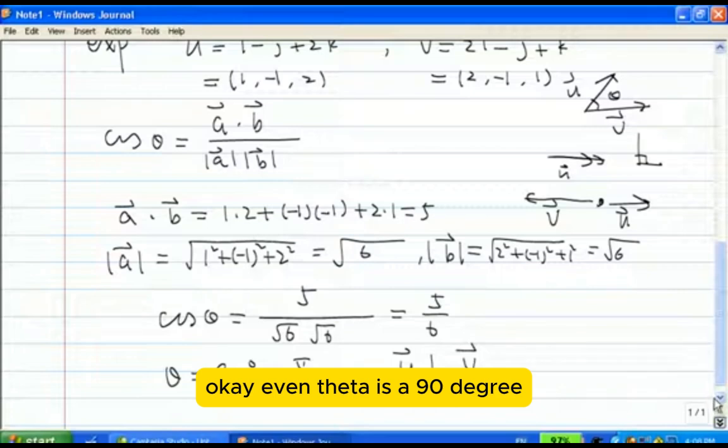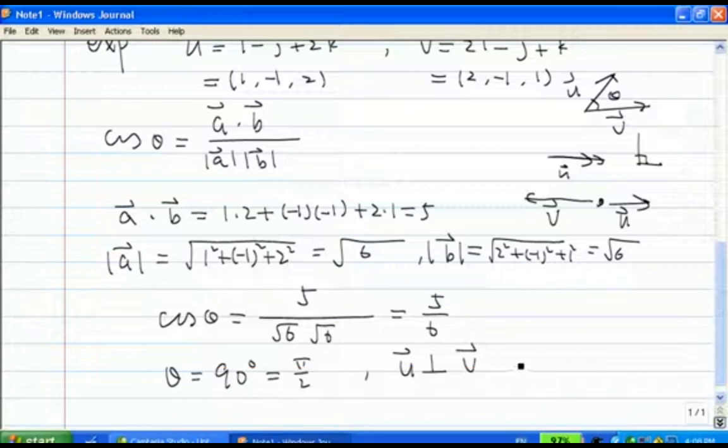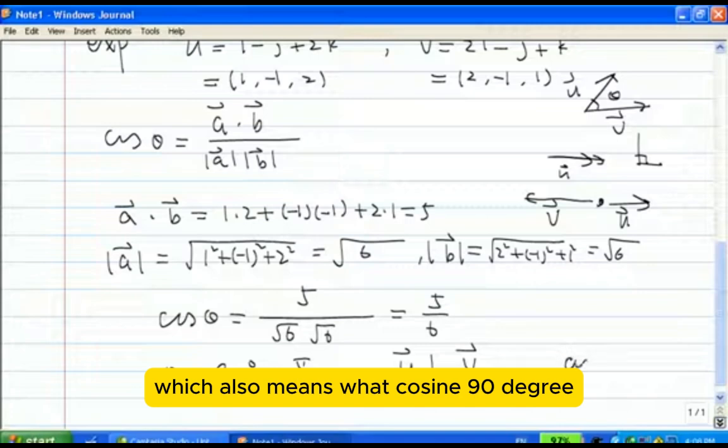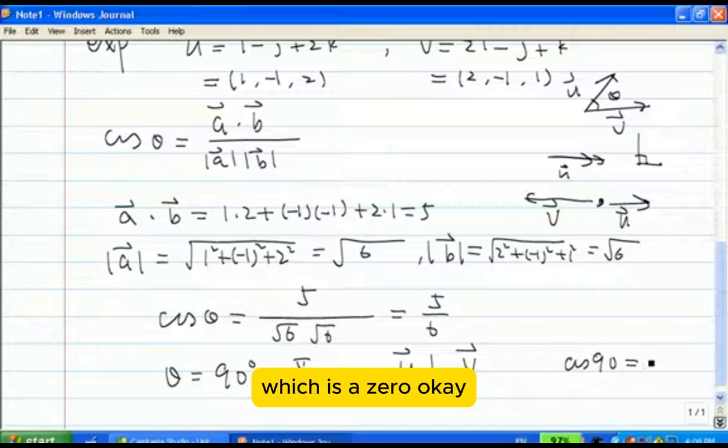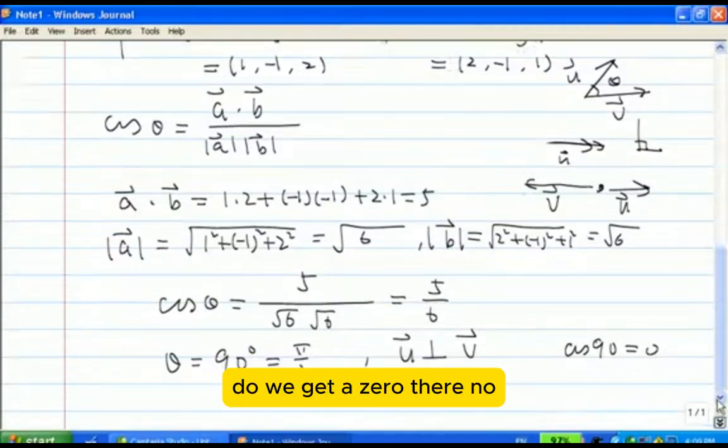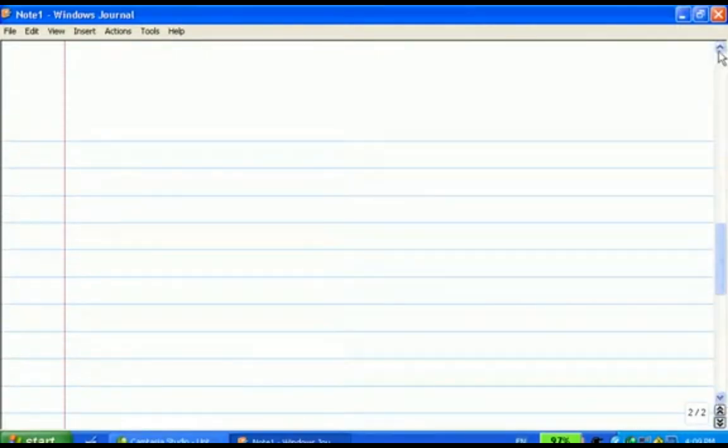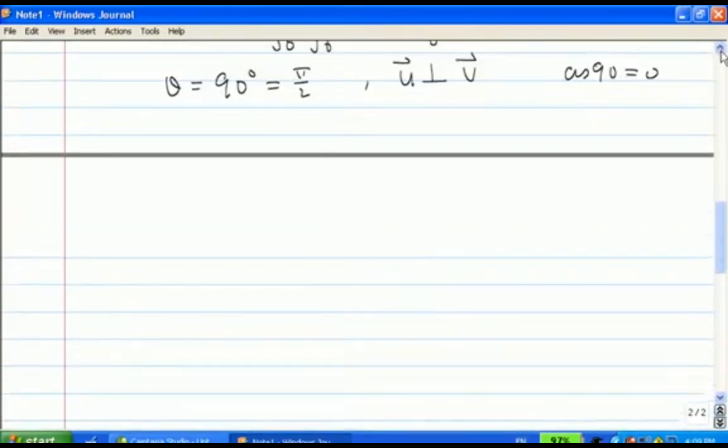If theta is 90 degrees, it also means cosine 90 degrees, which is 0. Do we get a 0 there? No. So they're not perpendicular.